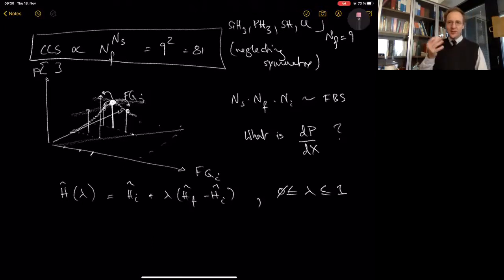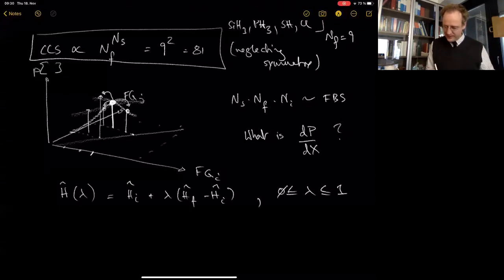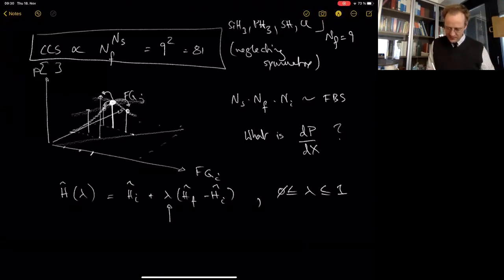And it does not necessarily have to be a linear interpolation. It could also be nonlinear. It also doesn't have to be global. Here I'm interpolating globally, so spatially not resolved.